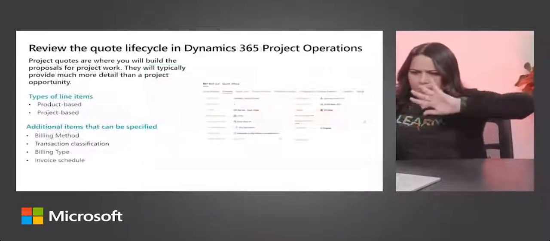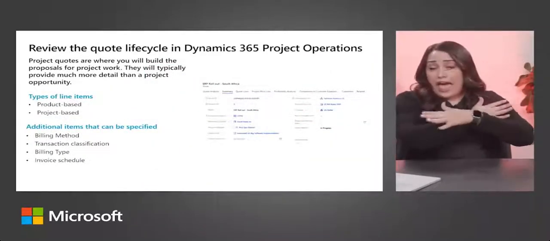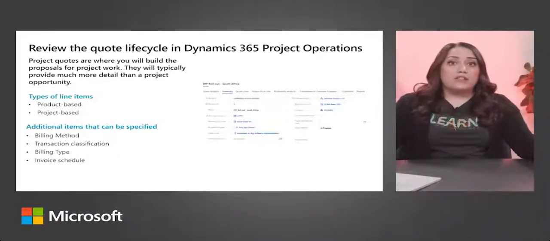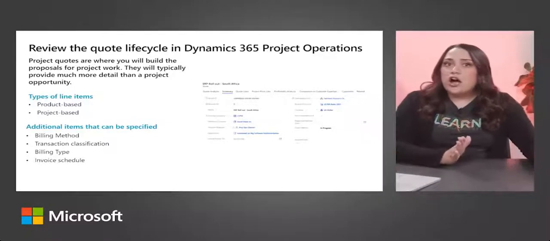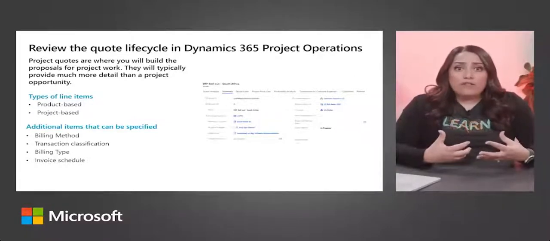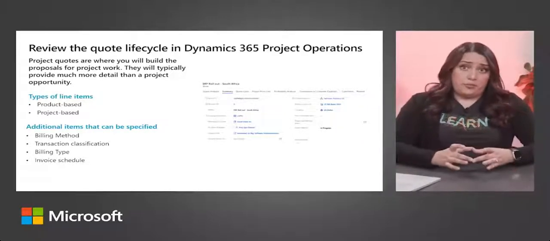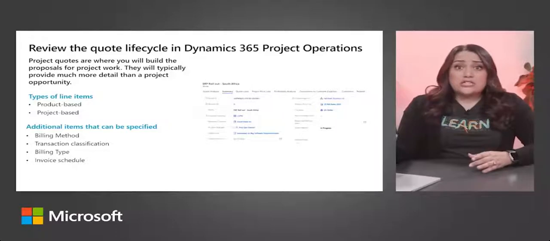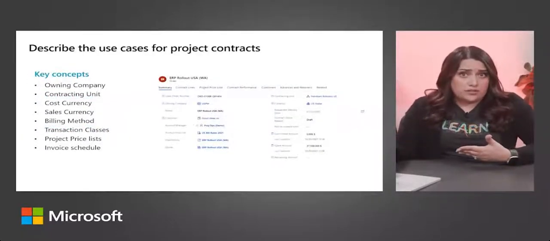After the quote has been agreed upon and everybody's on the same page, we then go from a quote to a contract. That project contract captures and manages all of the agreed-upon commitments and billing details of that particular project. You can see on the screen some of the different items that are typically covered in a contract.